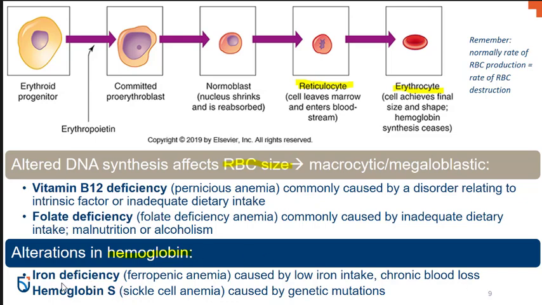Now, why is this important? Well, why is iron important? Why is that related to hemoglobin? Well, think back to that little diagram I drew earlier where I tried to draw an example of what one hemoglobin molecule would look like. So this is one hemoglobin molecule that has 4 parts to it.